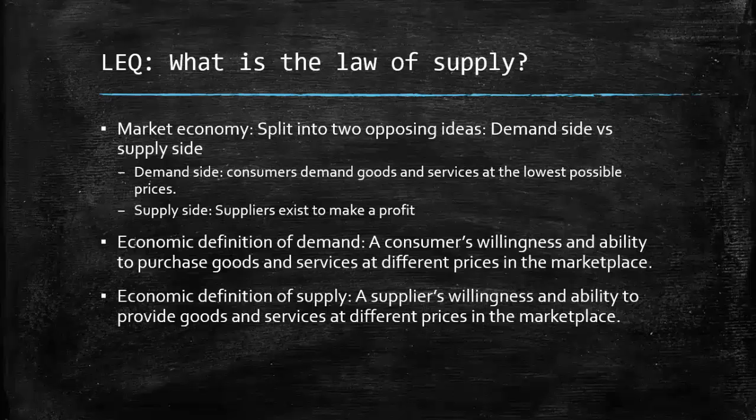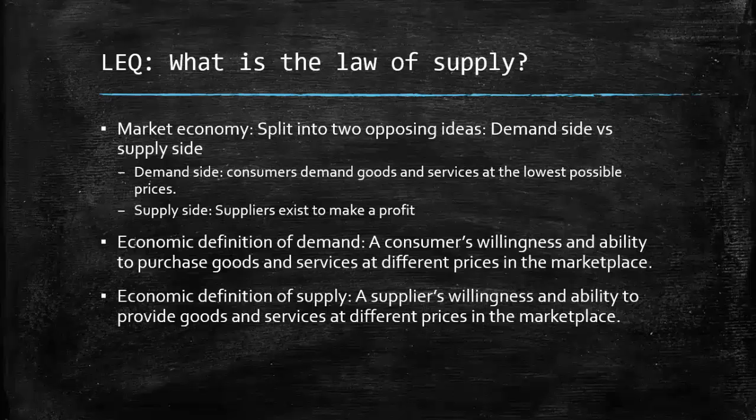Most companies exist to make a profit, okay? So we have a clash here, guys. These are 2 opposing ideas. We want stuff for cheap. The consumers want stuff for cheap, but the suppliers exist just to make money. They want to sell as much as they can at as high a price as possible.